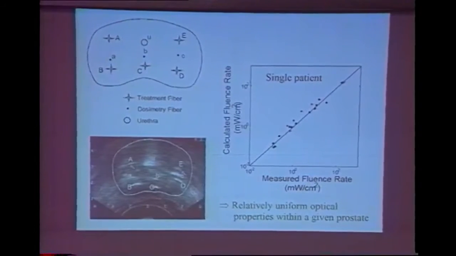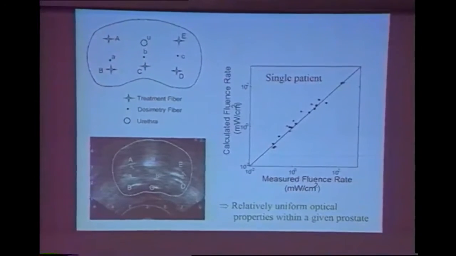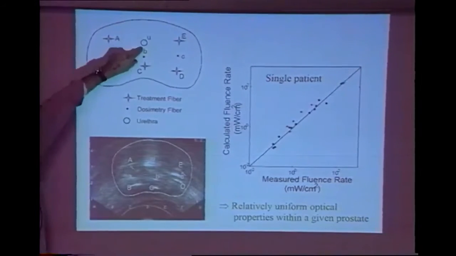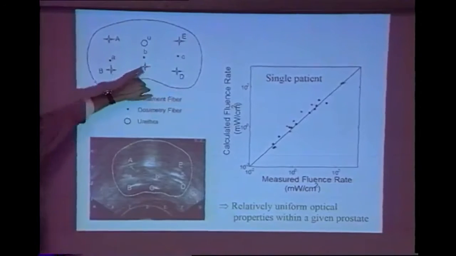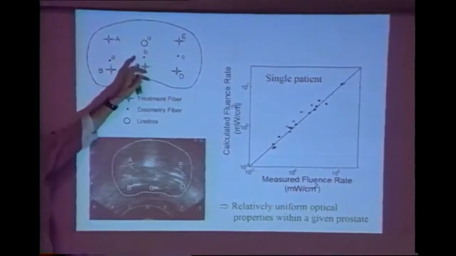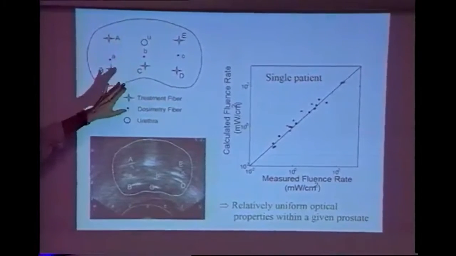In this case, for this patient, there were 5 treatment fibers, and then there were these detector fibers, these 3 positions, and also one in the urethra. So it's possible then to, for example, turn this light source on and measure here, then turn this light source on, measure here, turn this light source on, etc. And so you can map out the light distribution.